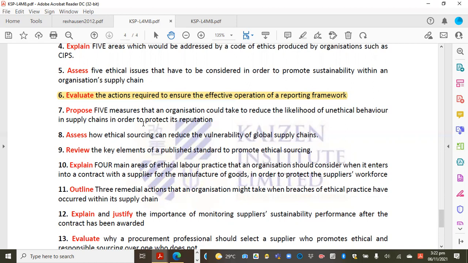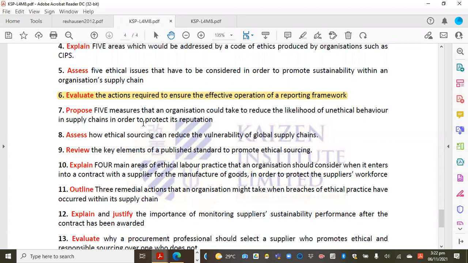Then assess how ethical sourcing can reduce the vulnerability of global supply chains. When we talk about ethical sourcing, it's all about what you've mentioned. It can reduce vulnerability. Vulnerability is risk. When we talk about risk, reputational risk, compliance risk, we can talk of even operational risk.